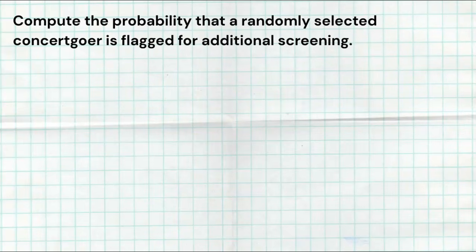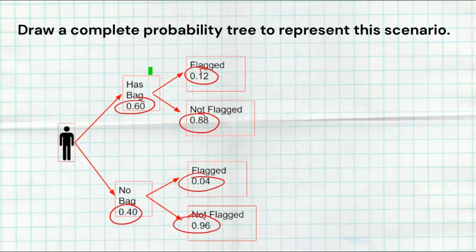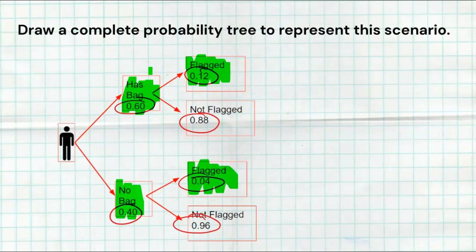All right, the next question says, compute the probability that a randomly selected concert goer is flagged for additional screening. So we go back and take a look. We see that there are two branches that lead to you being flagged for additional security. You either have a bag and then get flagged, or you do not have a bag and get flagged. So we're going to need the general multiplication rule to figure out these probabilities, because the 12% cannot happen unless the 60% happens first.